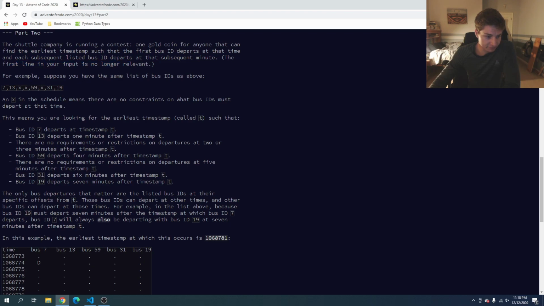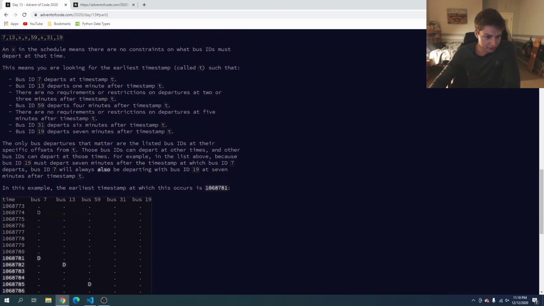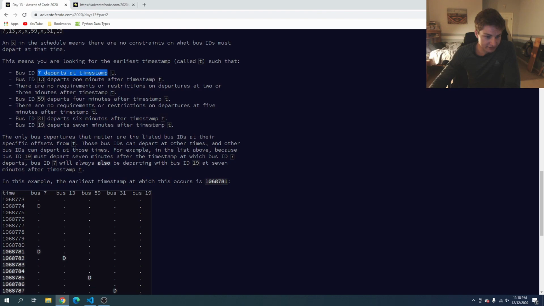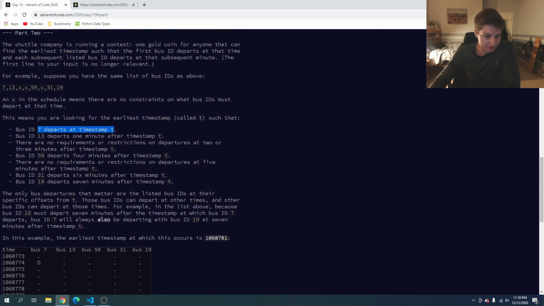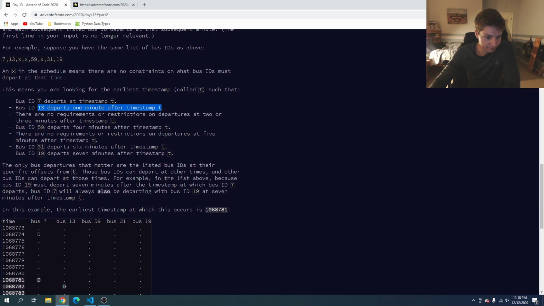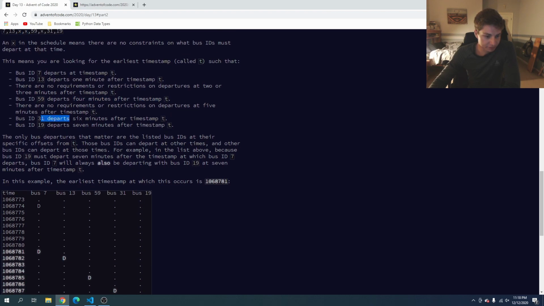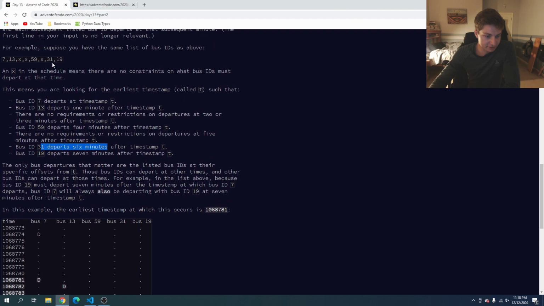So for example, bus 7 departs at time t, which is a multiple of 7. ID departs at t plus 1. 59 departs at t plus 4. Okay, and that makes sense because we skipped 2 and 3. 31 departs at t plus 6.